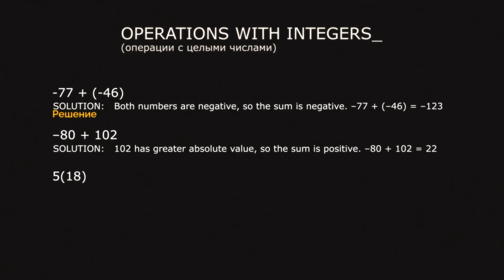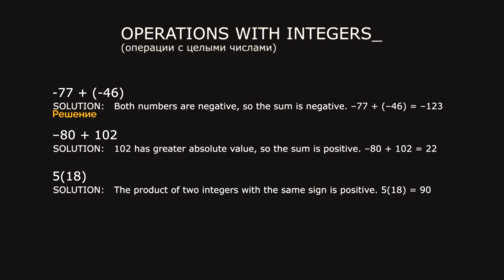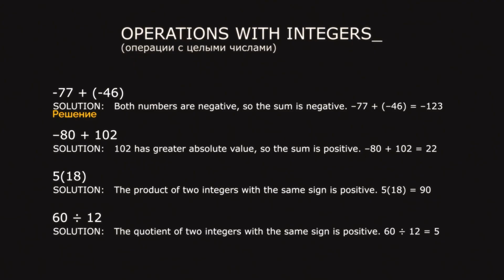Find the product of positive 5 and positive 18. The product of two integers with the same sign is positive, so the answer is positive 90. Find the quotient of positive 60 divided by 12. The quotient of two integers with the same sign is positive.